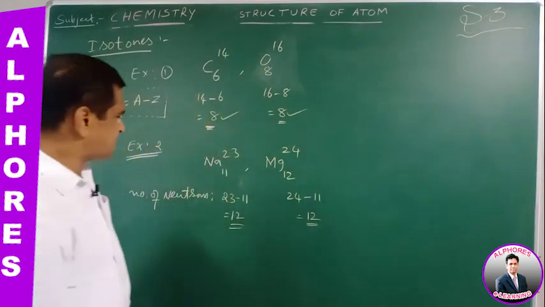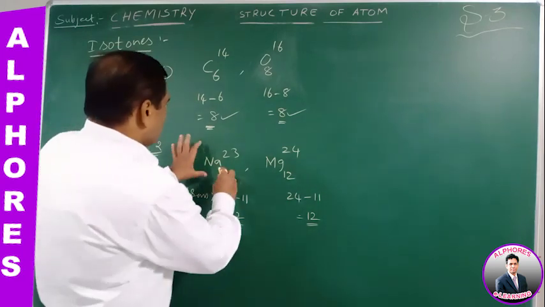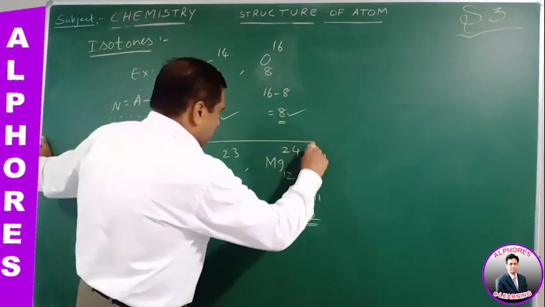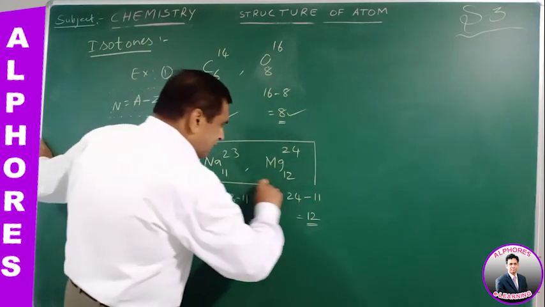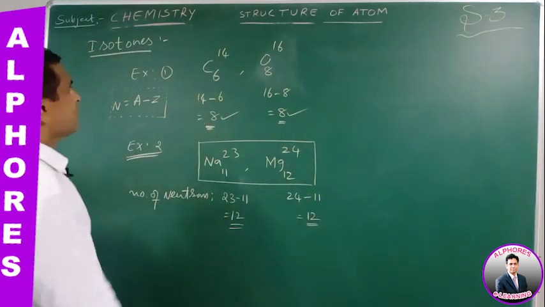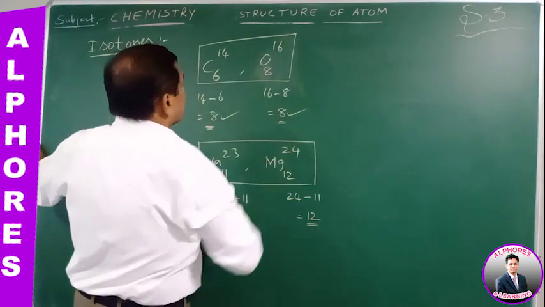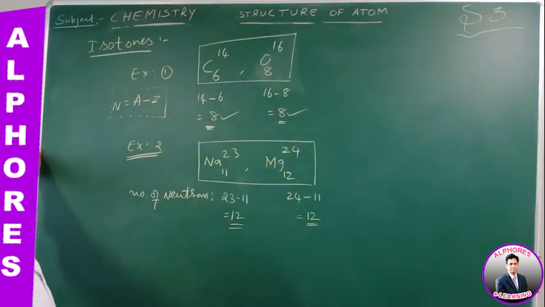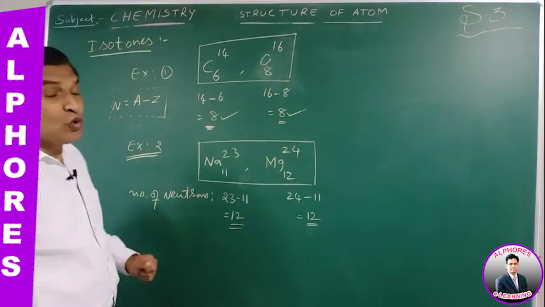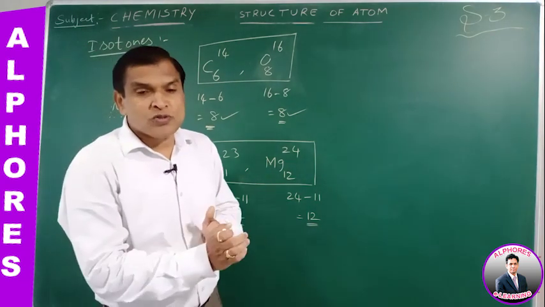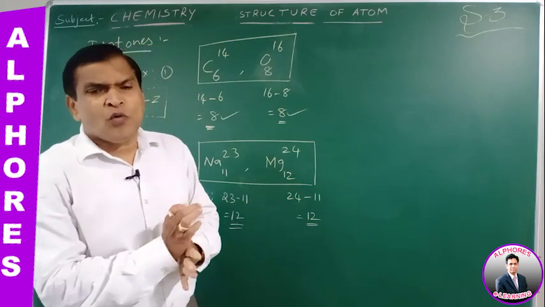So sodium-23 and magnesium-24, and likewise carbon-14 and oxygen-16, we can consider as examples of isotones.